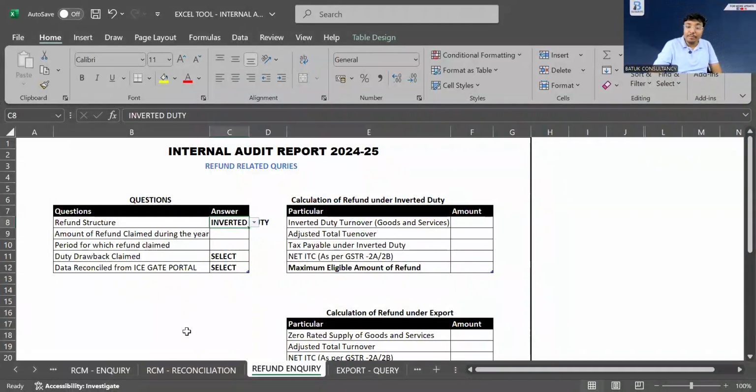Because many times, due to licensing, the departmental authority may pass the refund, but in future whenever there is an issue, the departmental authority will demand with interest and penalty. So we should be very careful that when a refund application has been filed and taxpayers claim the refund, the refund calculation should be perfect.